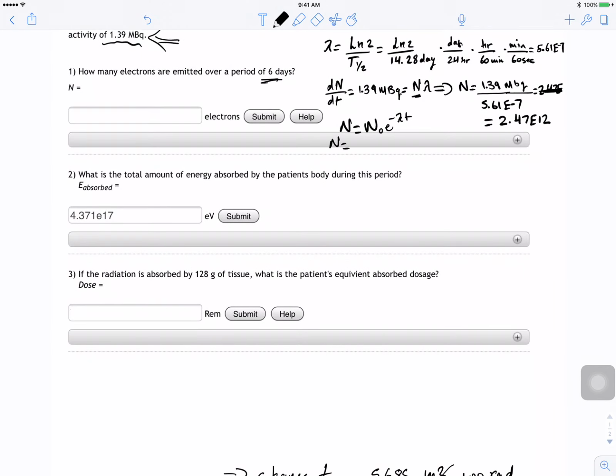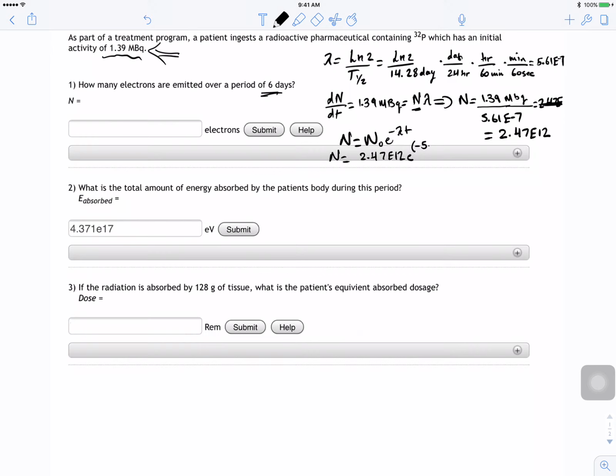N is going to be equal to 2.47 e to the 12 particles times e to the power negative 5.61 e negative 7 times 6 days, and we're going to switch the days to seconds, so times 24 times 60 times 60.